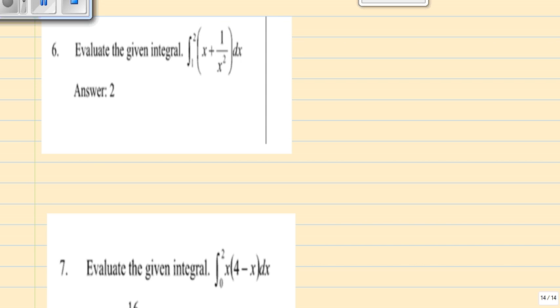Now we have a definite integral, so the situation is similar as with the indefinite integral. First we're going to use fractional exponents, so it will be x plus 1 over x squared, which is x to the negative 2 dx.